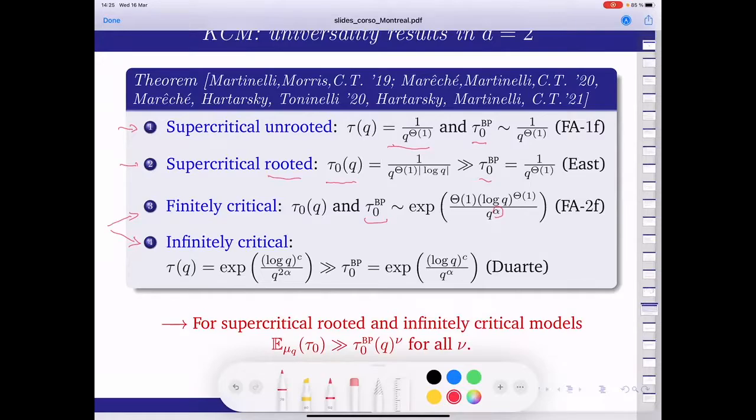And for the infinitely critical models instead, which contain the Duarte model, the scaling for the stochastic dynamics is much faster, as was the case when comparing, for the supercritical rooted models, the stochastic dynamics with the deterministic dynamics. In this case there is again an exponential form, but the power which appears in the inverse density of empty sites is not anymore the difficulty, but twice the difficulty.